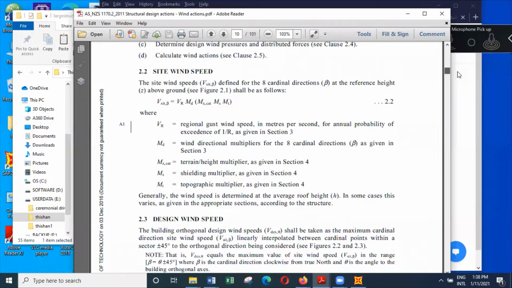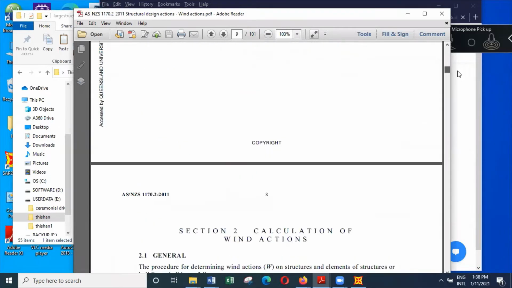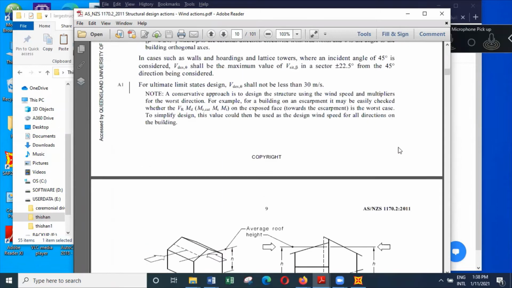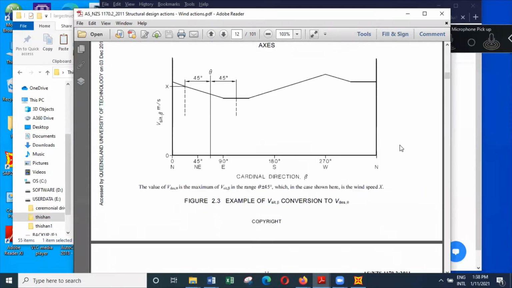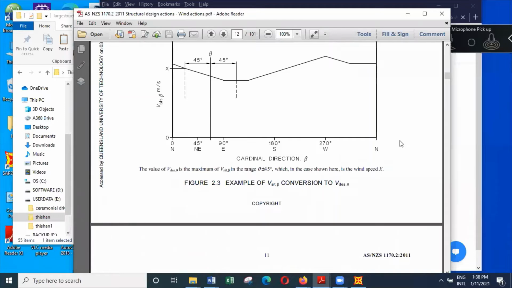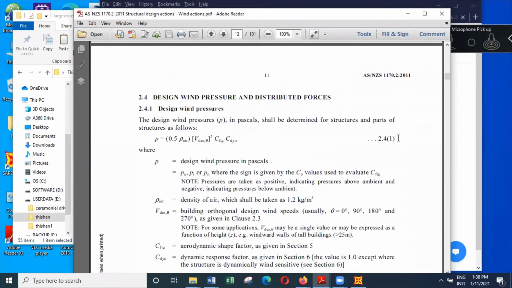Okay. But the concept is very similar, as I explained here, right? They allow for shielding, topography, and the terrain category. I'll email this to you so that you can share with your batchmates.